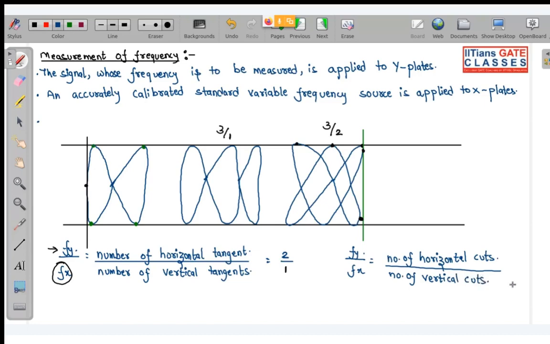We have to do these cuts in such a way that we maximize the number of cuts.